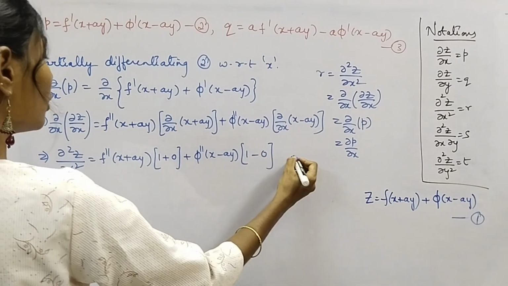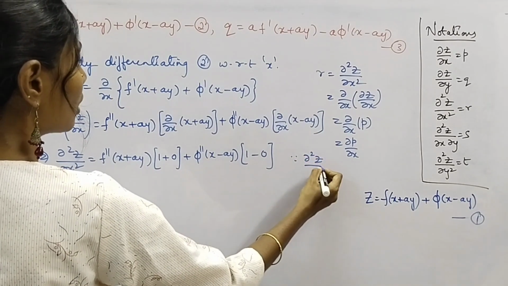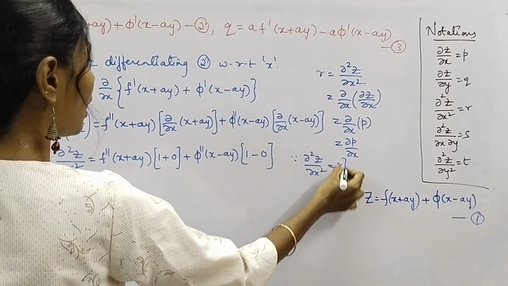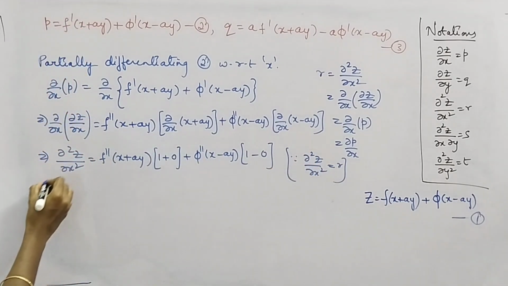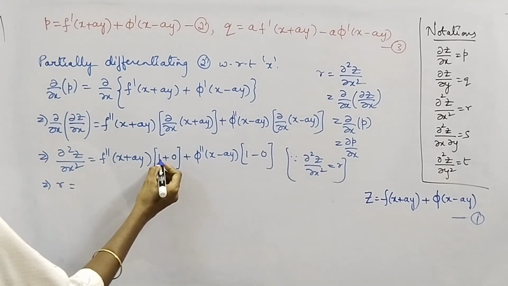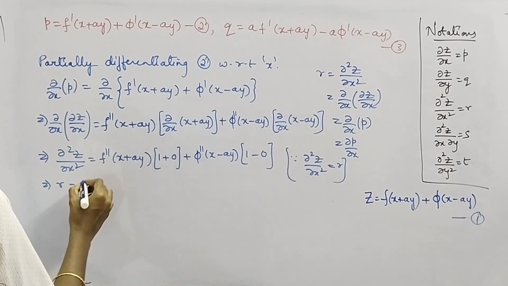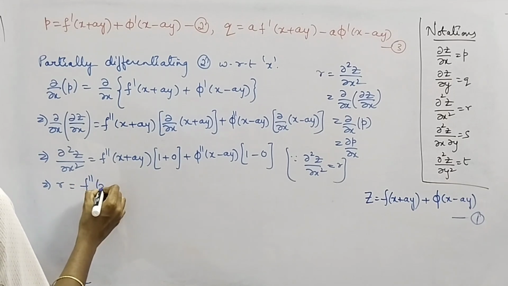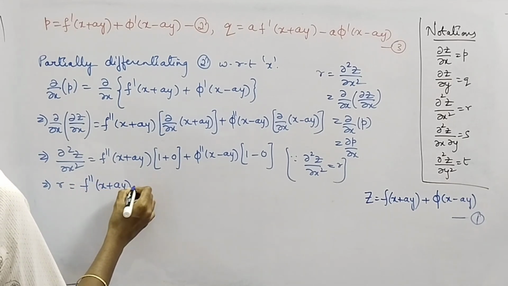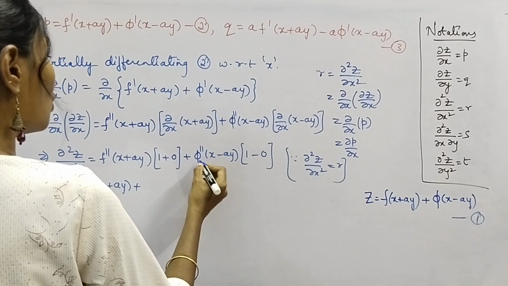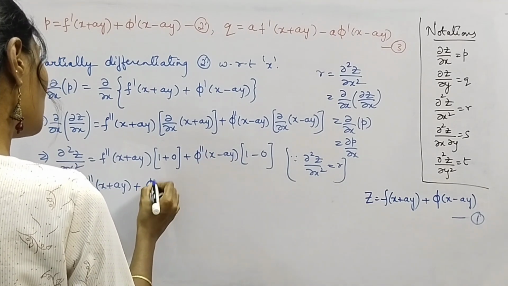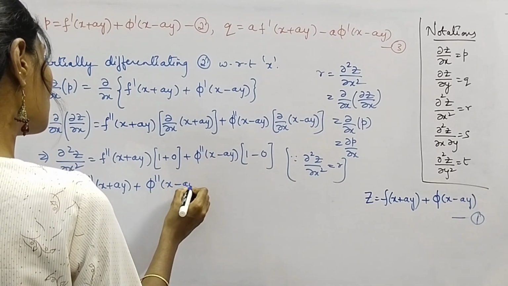And also we have a notation dou square z by dou x square equal to r, so we can just replace it by the notation r. You'll get r equal to 1 plus 0, 1 into f double dash is f double dash of x plus ay, plus 1 minus 0 is 1 into phi double dash is phi double dash of x minus ay.